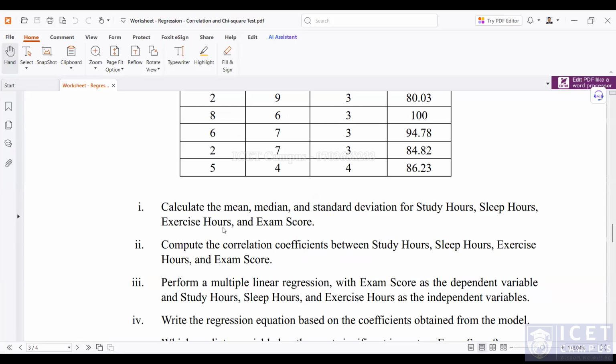Explore. Dependent list is exam score. And independent, there are three. All of these are independent.